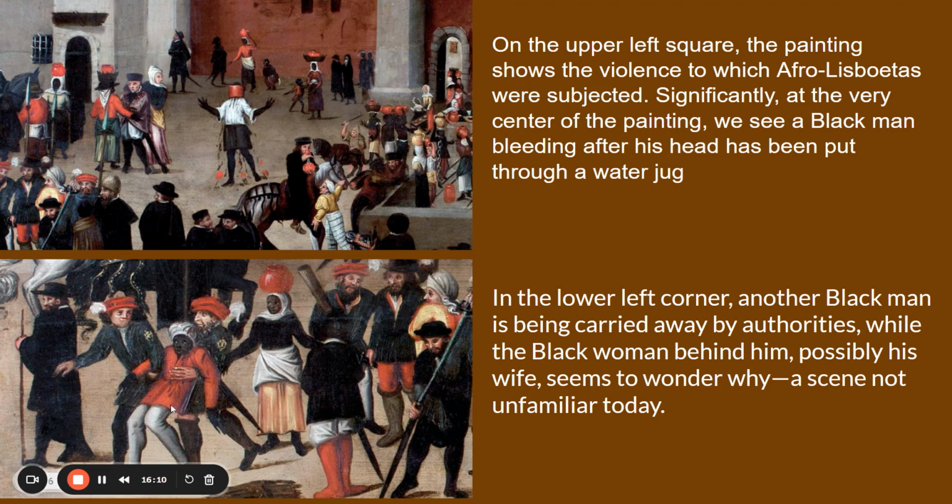We're seeing the Black man looking very helpless, in a subdued and submissive type of pose, but behind him we see a Black woman that has her arms reached out, like confused and shocked, like what is happening, what is going on. That's possibly his wife, and it's a scene that is not so unfamiliar today.